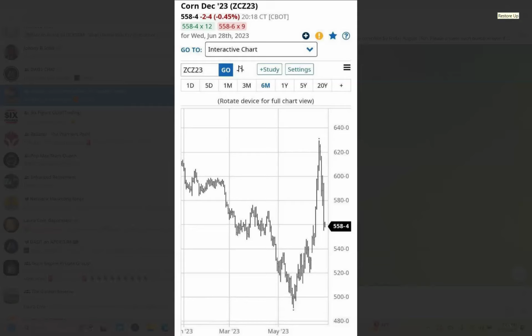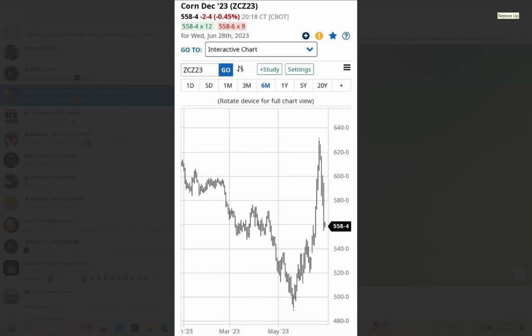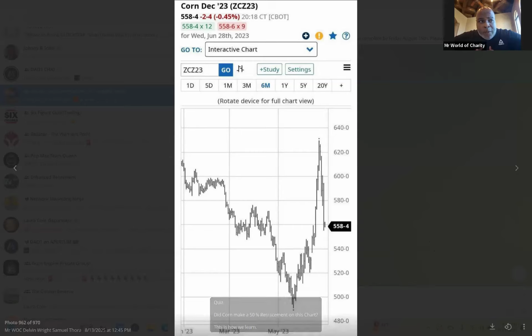By it being calculated at 560 and it's 558.4, it's 2 points shy. So it's still considered in the retracement area. That's what's being said. Have I said that right? So 560 was the 50% retracement level, and you said it went down to 558.